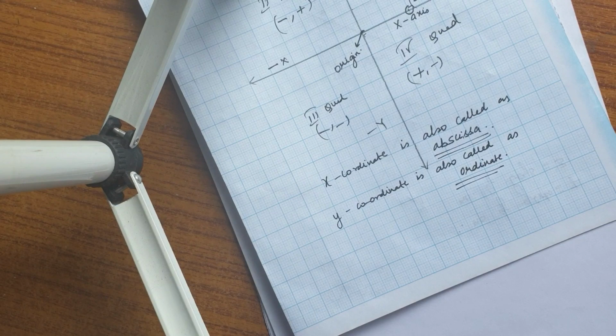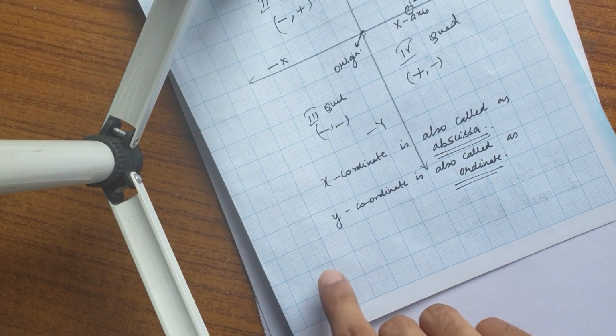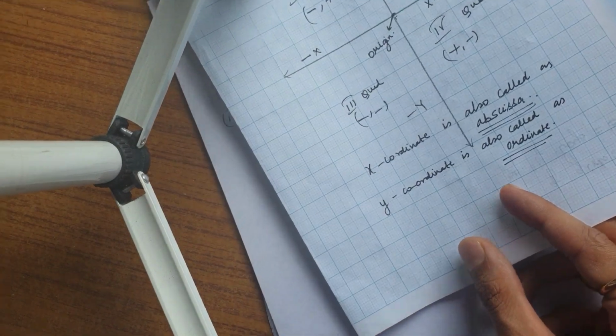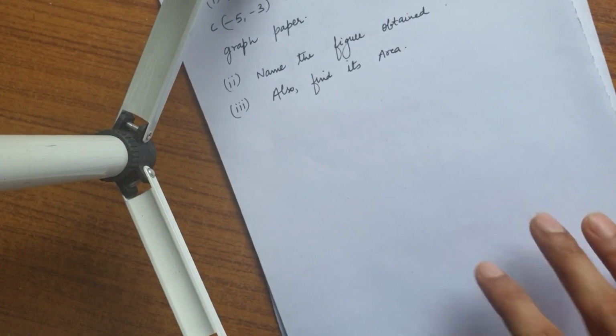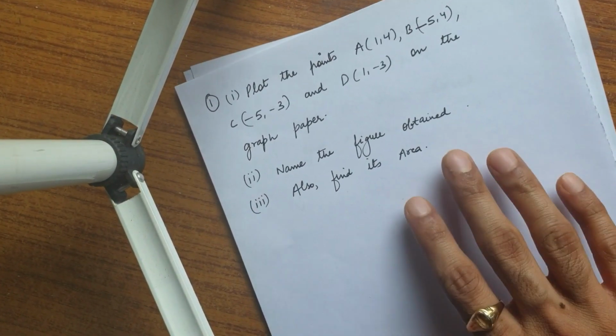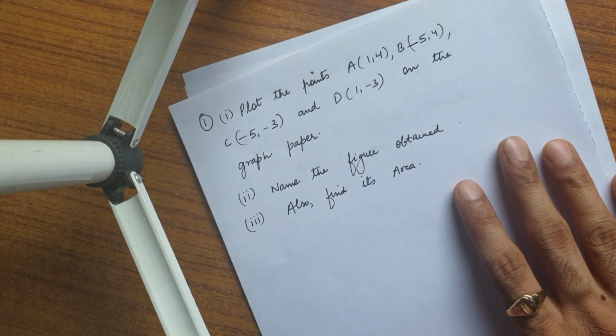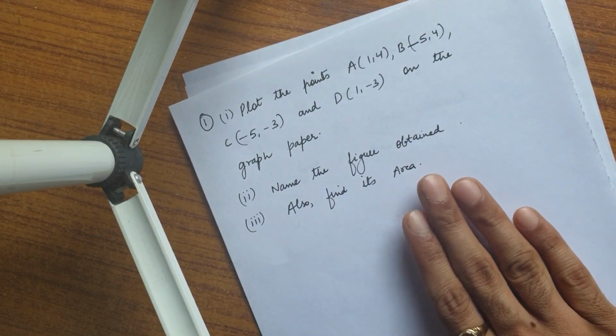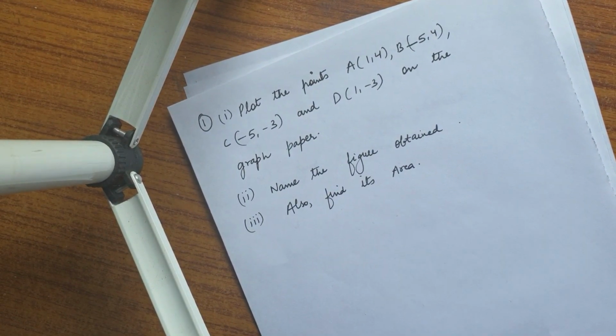Now I'm going to solve a few questions, and these types of questions will be asked in the exam. With the help of these questions we will also learn how we plot the points and what other things are asked in the exams. So your first question, this will be the format of the questions that can be asked in your exam.